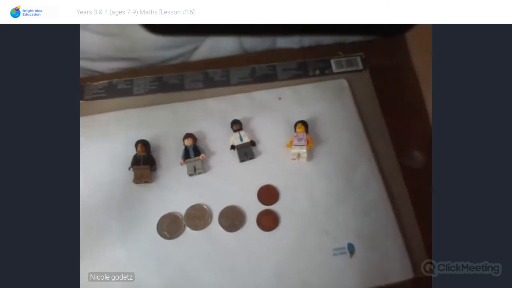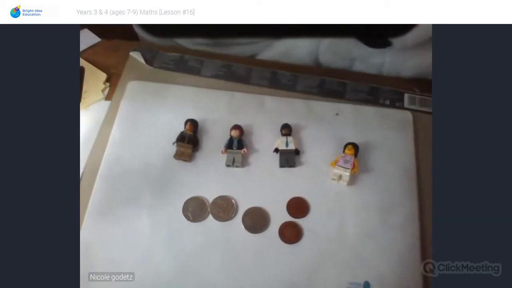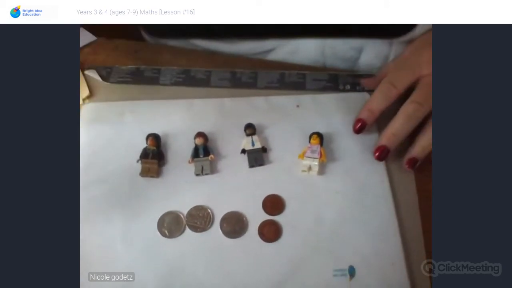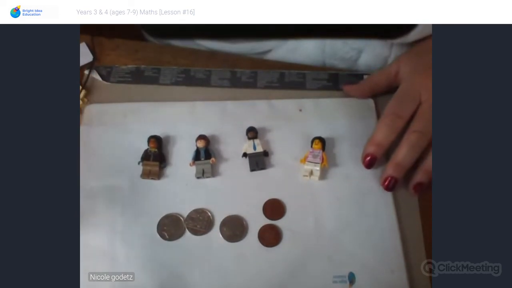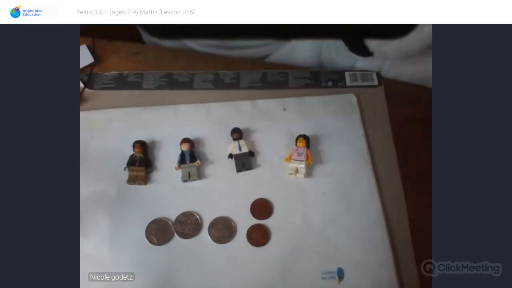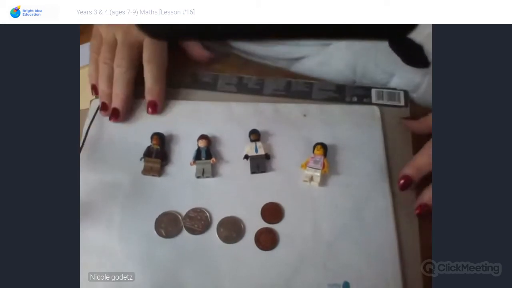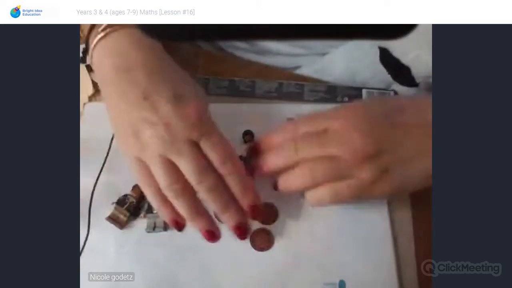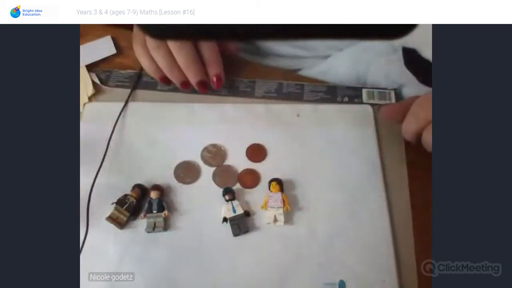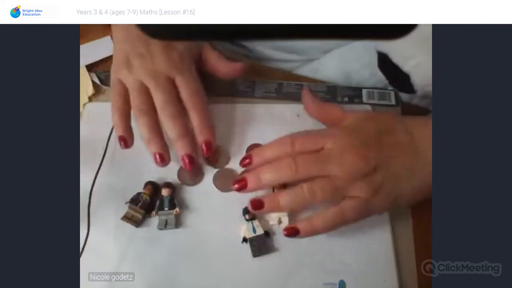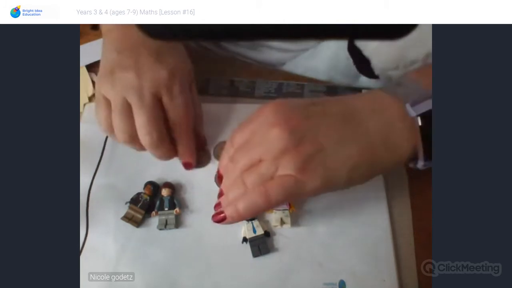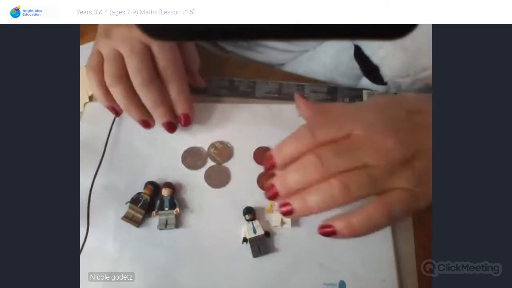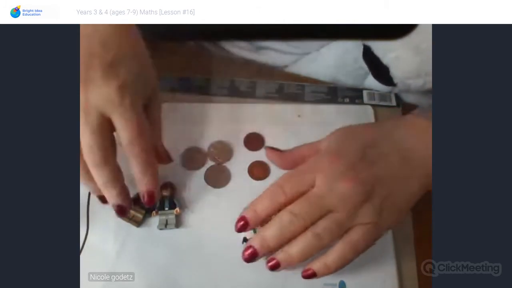So I might just turn around this way so you can get some more natural light coming in. How much money have we got going on here? Let's move my friends down into a better position, maybe a little bit more light up there. We've got 32 pence, quite right. Good eyesight. 32 pence.